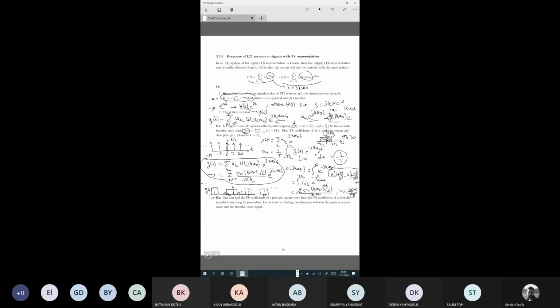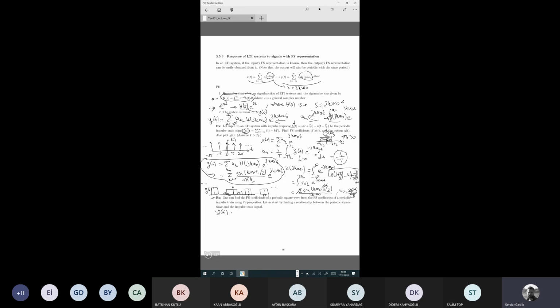Well, our next example asks you to find the Fourier series coefficients of the periodic square waveform, but you can write it by using the above property. Well, if you have a periodic square wave, just as in this form, let's say, I have this y(t).